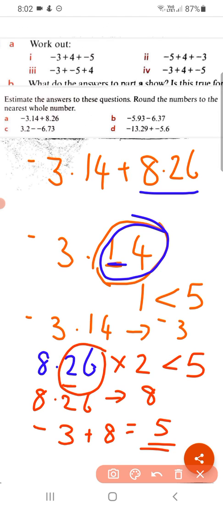So negative 3.14 rounds to negative 3, and 8.26 becomes 8. Now do the calculation: negative 3 plus 8, 8 minus 3, 5. And since 8 is the larger number, our answer is also positive.